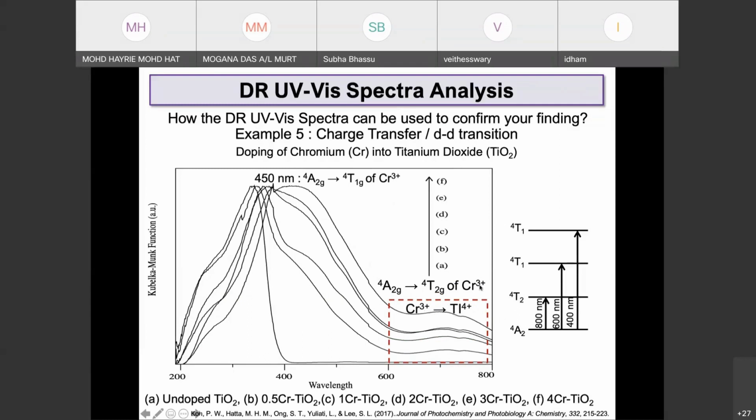The absorption at 600 and 800 nanometer accounts for the d-d transition of the chromium from 4A2g to 4T1g, and then also Cr3+ to the Ti4+ titanium tetrahedral species, and then at 450 nanometer for the 4A2g to 4T2g of the chromium 3+. Different energy levels will have different excitation.